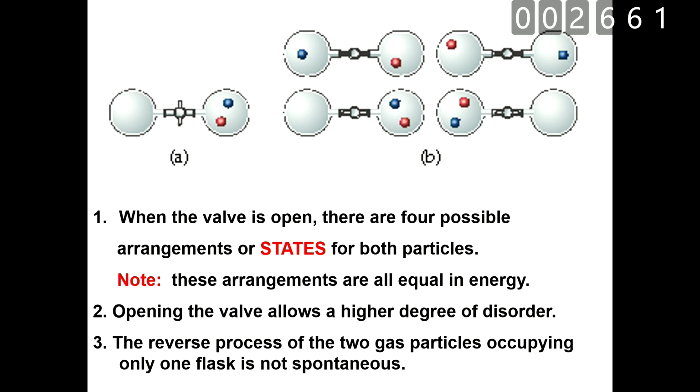Because there are only 2 and they are moving, the molecules always move. So it's possible for them to be back here, or both molecules go to this side. So from here we can see that when the valve is open, there are 4 possible arrangements or states for both particles.